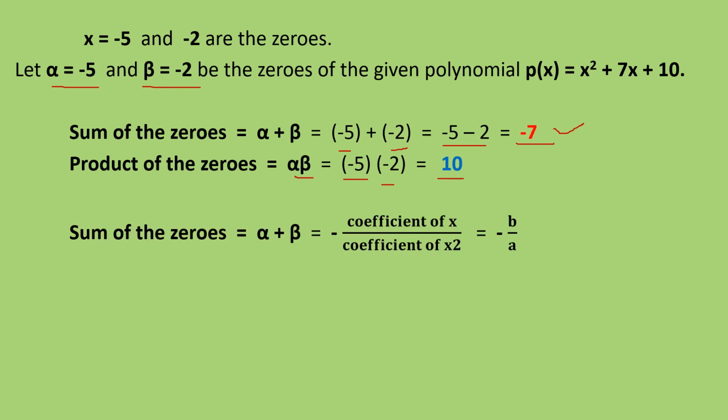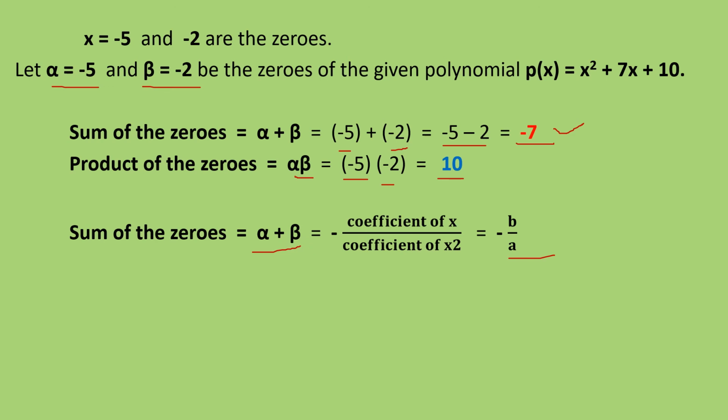Now if we use the relationship, we have already discussed that the sum of the zeros, alpha plus beta, is minus coefficient of x divided by coefficient of x square, that is minus b upon a. Now this is our polynomial and the general form of a polynomial is ax square plus bx plus c.